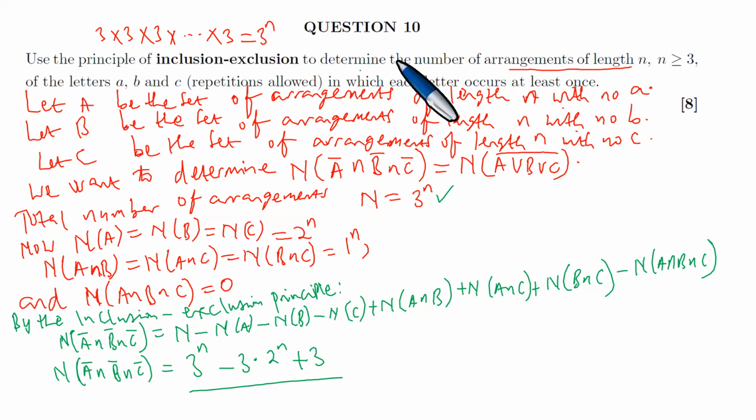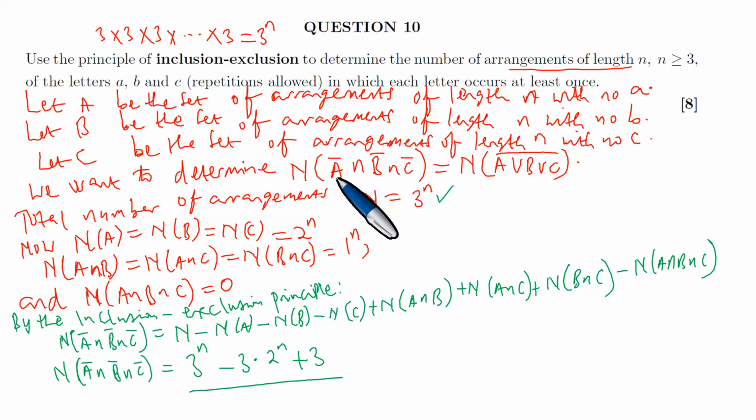Because now we are saying at least once. If A has no A, then the complement of A is going to have A. So this one is A, this one is B, and this one is C, and most importantly, it has at least one A, at least one B, at least one C.